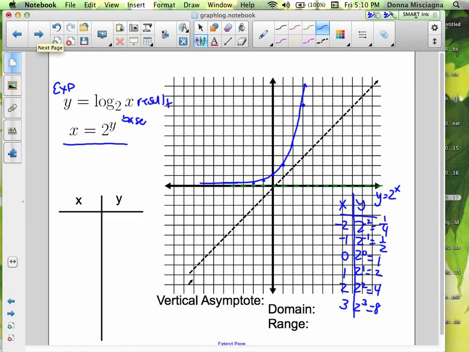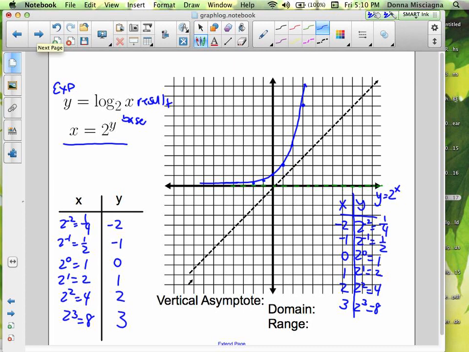So into my y's, I'm going to plug in my exponent. So that's where I'm going to have negative 2, negative 1, 0, 1, 2, and 3. Then 2 to the negative 2 power, and my x will be 1/4. 2 to the negative 1 will be 1/2. 2 to the 0 will be 1. 2 to the first will be 2. 2 squared will be 4. 2 cubed will be 8.